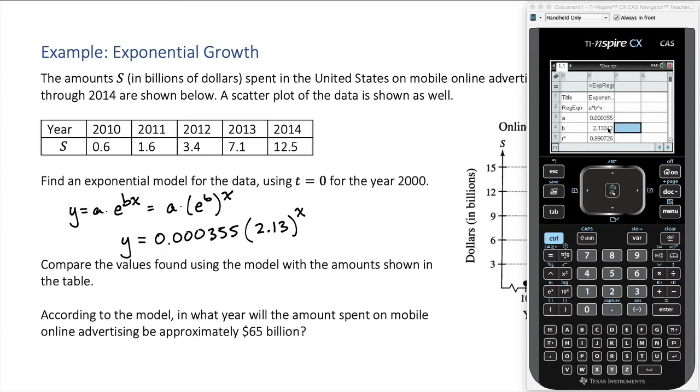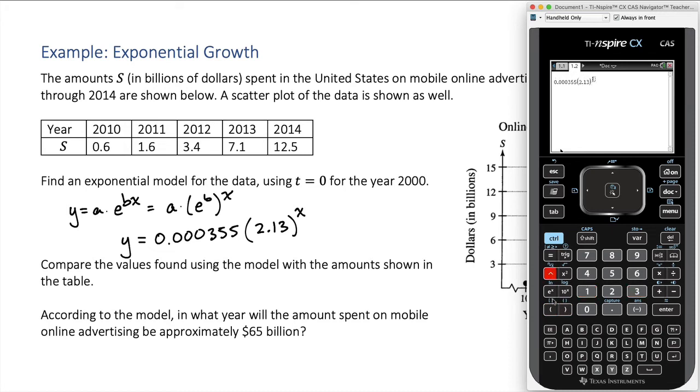Now, using this model, we can find some values that would be estimated for these years, so we're going to type some of those into the calculator. So I've got 0.000355 times 2.13 to the 10.